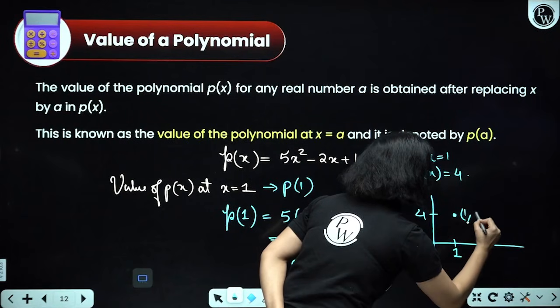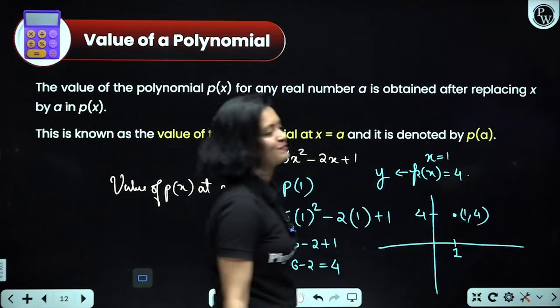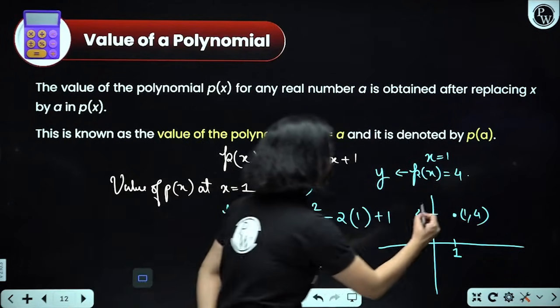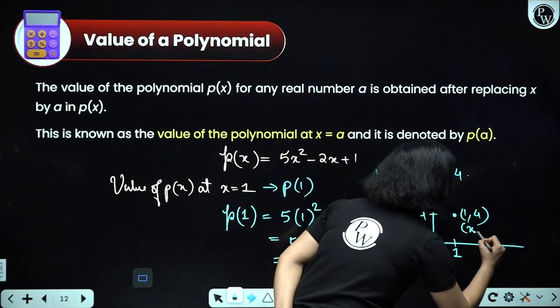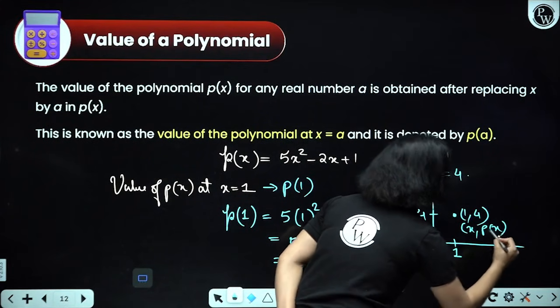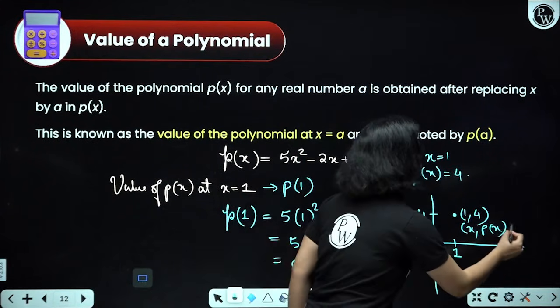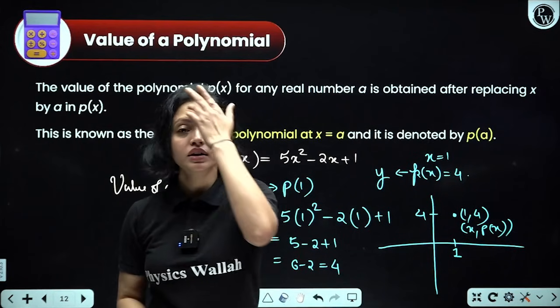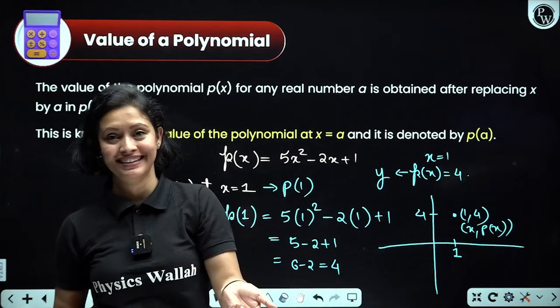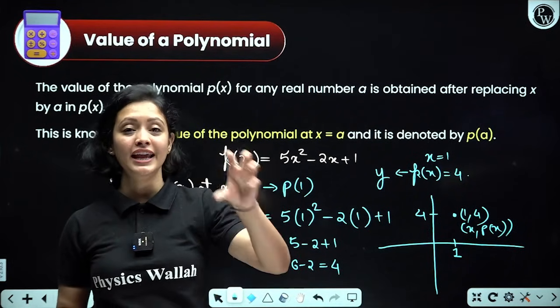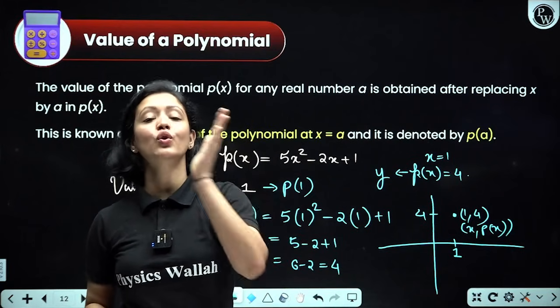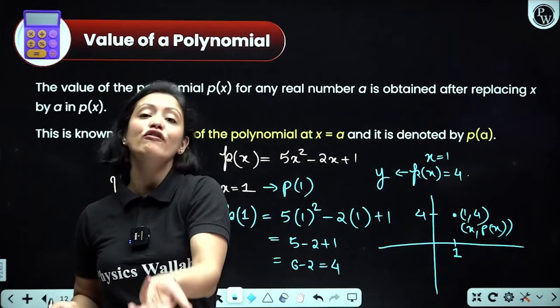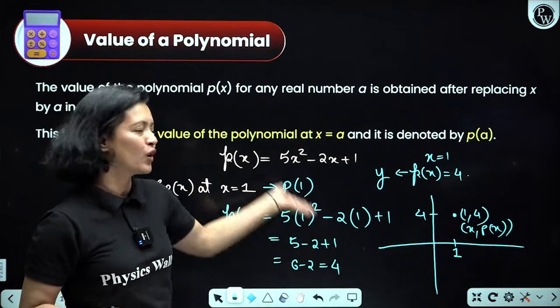Right? So whenever x is 1, the y coordinate is 4. I'll write it again here. You can write it like this: x, comma, p(x). And that's, people, how you basically plot the graph of any polynomial. Right? You take the values of x and put those values in p(x) to find the value of p(x). And then you plot the entire thing.